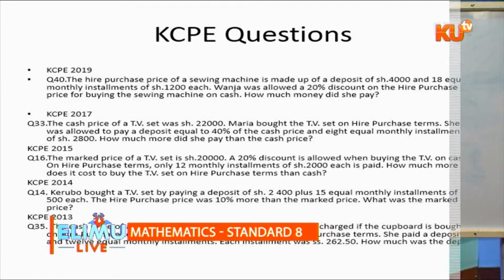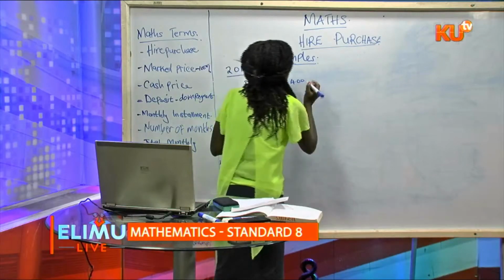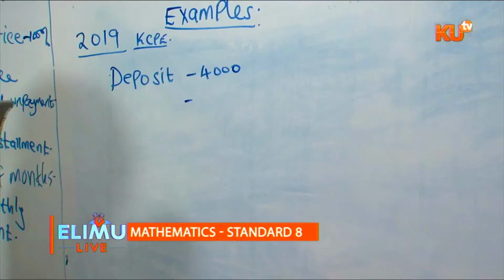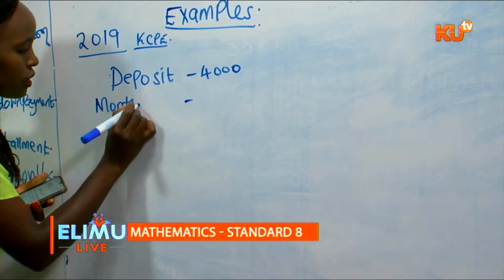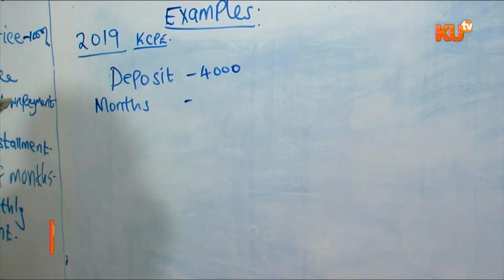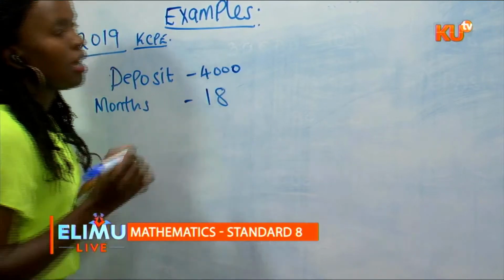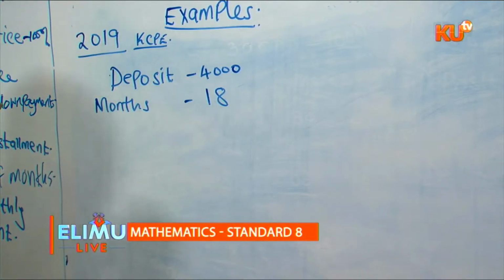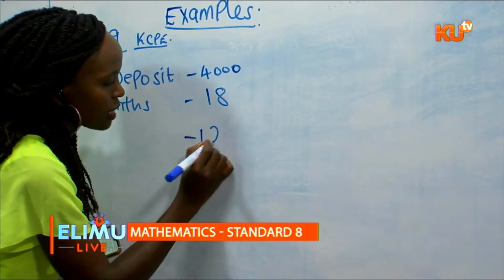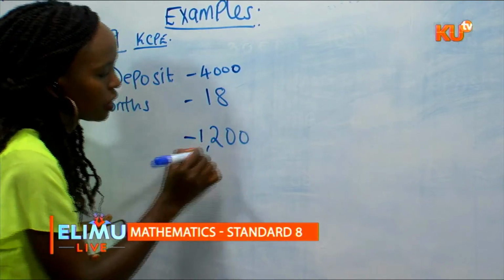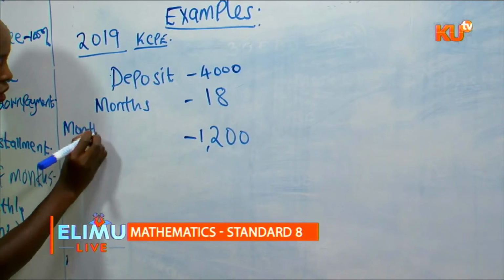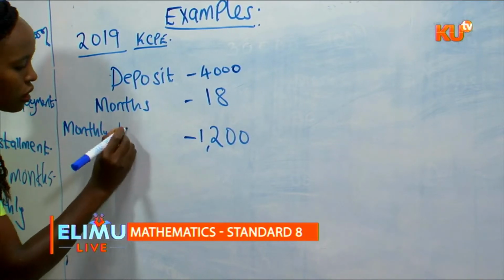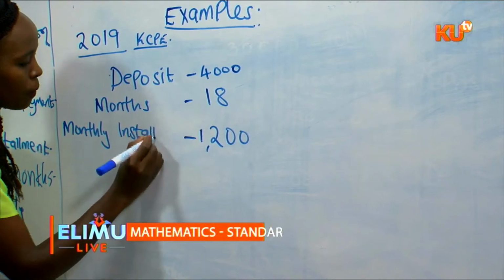The deposit was 4,000 and 18 equal monthly installments. So the number of months was 18, and then the installment was 1,200 each. So this was the monthly installment.